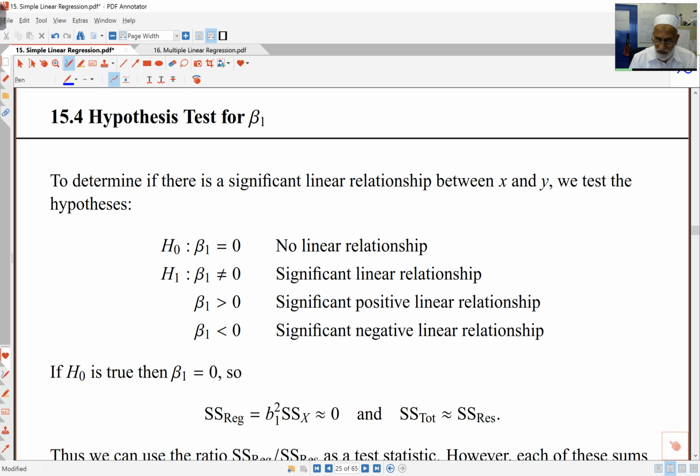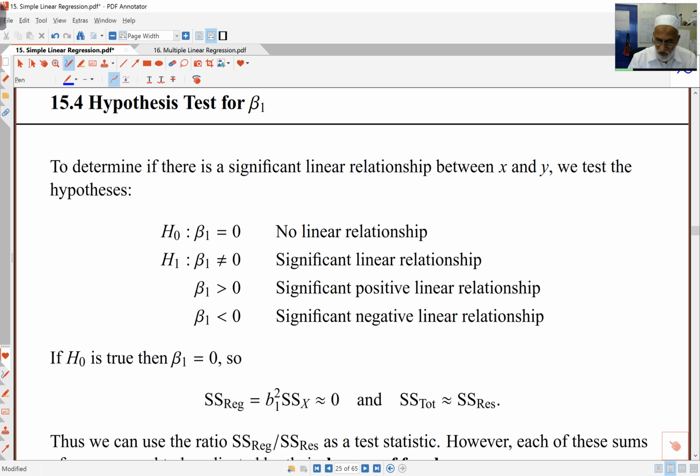The usual test here is that beta 1 is 0 as the null hypothesis. That means there's no linear relationship between the x's and the y's. We can have either a two-sided test or a one-sided test, and in regression at least, we would prefer a one-sided test if possible.